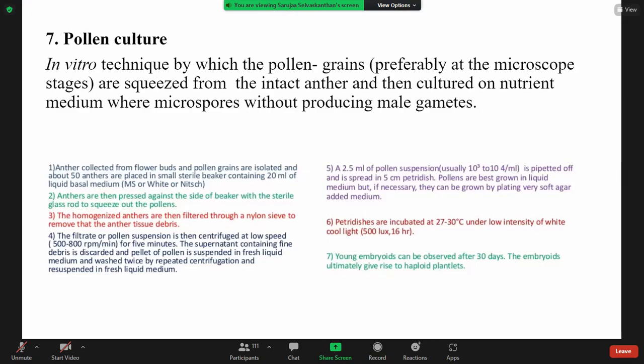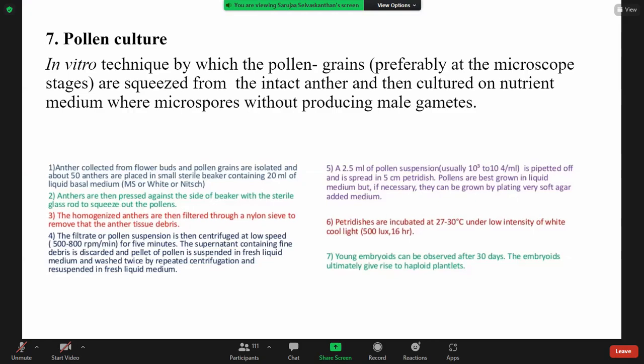We press the anthers against the side of the beaker using a glass rod. What happens? The pollen is squeezed out of the anthers, right? Then the homogenized anthers are filtered through a nylon sieve. We do this step to remove the anther tissue debris.